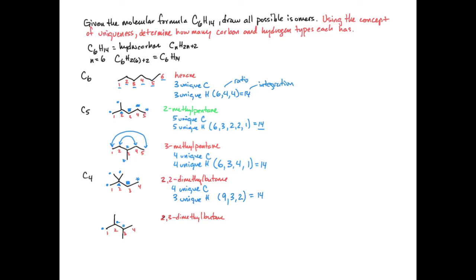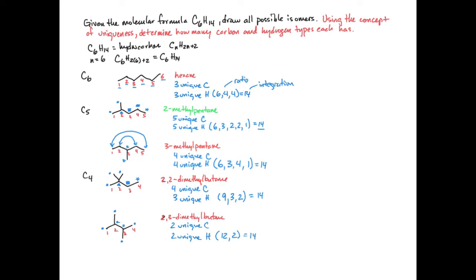So essentially, all the methyl groups end up being equivalent. So there's essentially 2 unique type of carbon here and 2 unique type of H. The 4 methyl groups, that's 12, and then the 2 methine, that's 2, so that equals 14.